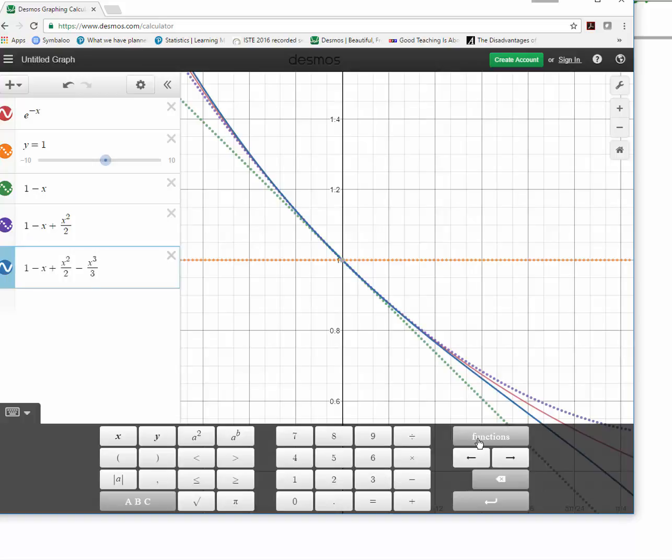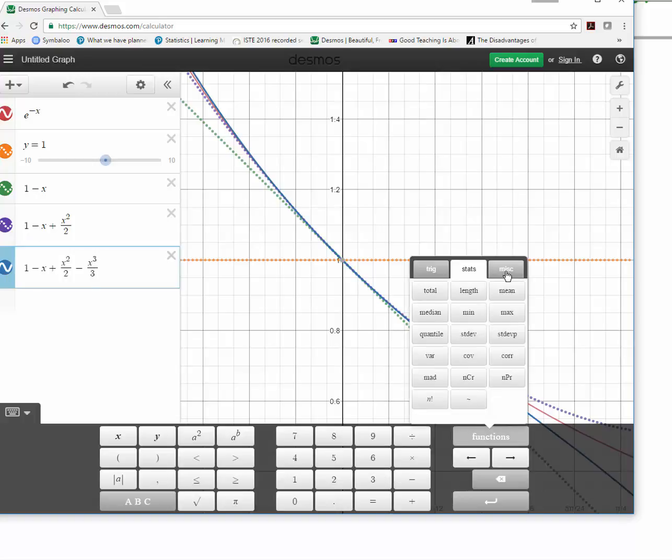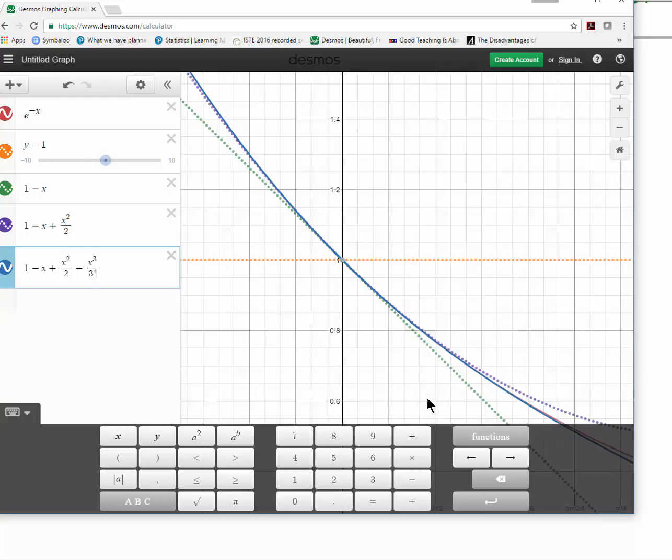I don't know if I have a function here for factorial. Yeah, I do. So let's put in that 3 factorial. And then plus x to the fourth over 4 factorial. Now if I wanted, I could actually write out the 3 factorial being 6, etc. But again, there's an advantage to being able to see some of these patterns, so I don't think it's such a bad thing to leave it in factorial notation.